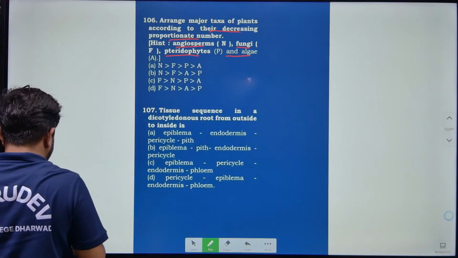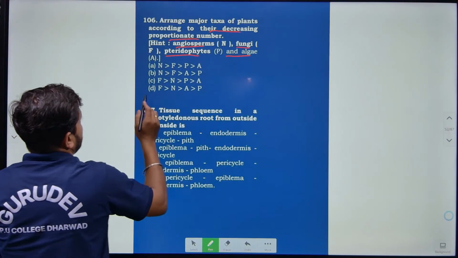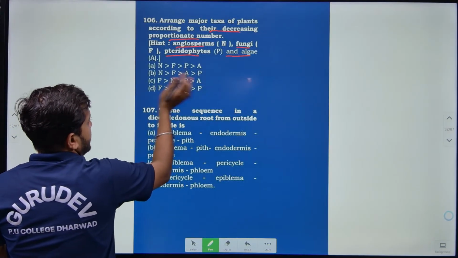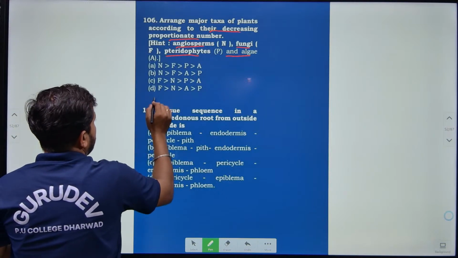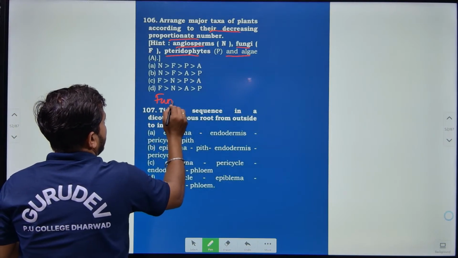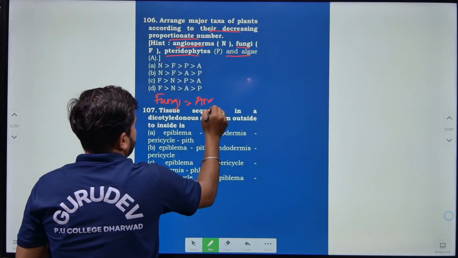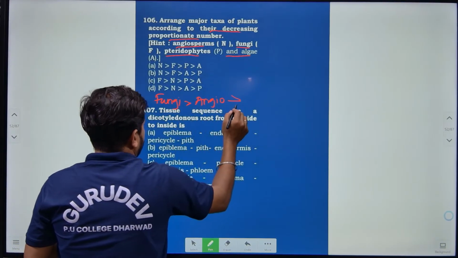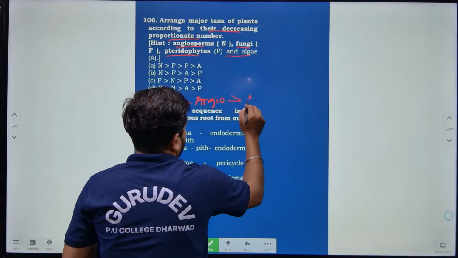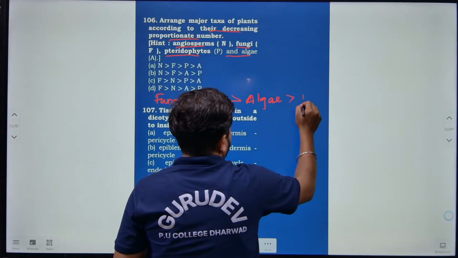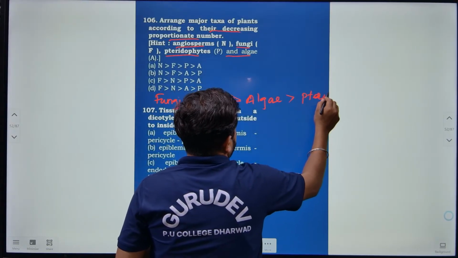Based on the proportionate number, in decreasing order, first one is fungi, right? Then second one is angiosperm, then third one is algae, and the fourth one is pteridophyte.